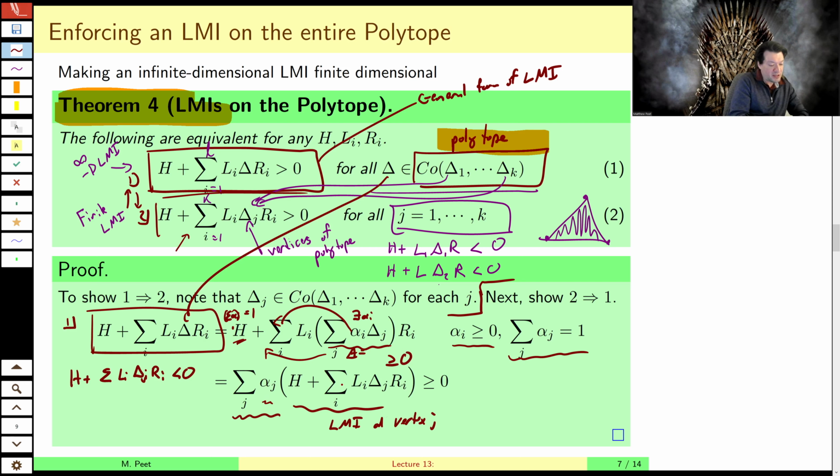And if we sum up a bunch of such matrices, it likewise still has the same sign, right? So that shows that at any arbitrary point in the polytope, we can prove that the LMI is feasible by using the weighted averages of the LMI at the vertices. Right? So that's a relatively short proof, but very powerful in that it allows us to reduce an infinite dimensional LMI to a finite dimensional one.